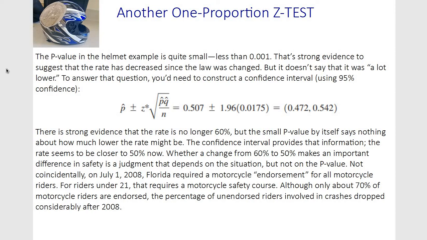Because if we were talking about something else, maybe how often people go out to dinner or something like that, a probability jump from 60% to 55%, maybe it's not a big deal. But here, you interpret it differently. So it's just something you want to keep in mind. Interpretation is key, and it always depends on the context. There's no clear-cut way to interpret your answer every single time.